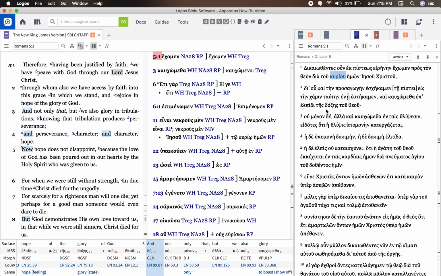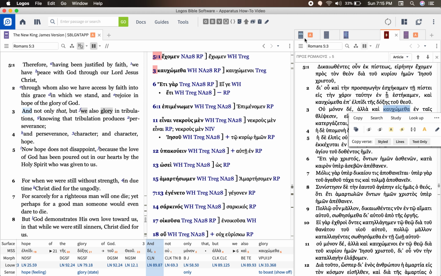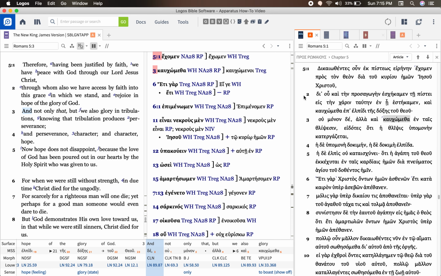They will all have that in verse 3. And so here's this again. We see that. And the Robinson Pierpont, verse 3. And here's this word again. So it's fairly simple to read this particular critical apparatus.